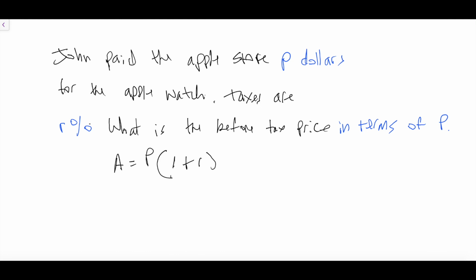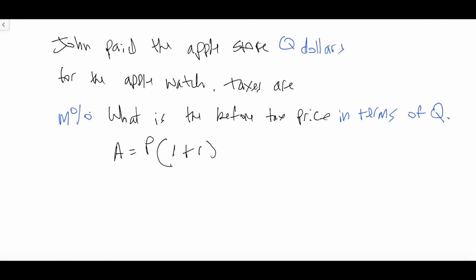Just because we're still in learning mode, let's make this Q dollars, and we're going to make this in terms of Q, and we're going to make this M percent. Okay, here we go. So, in terms of Q and M.